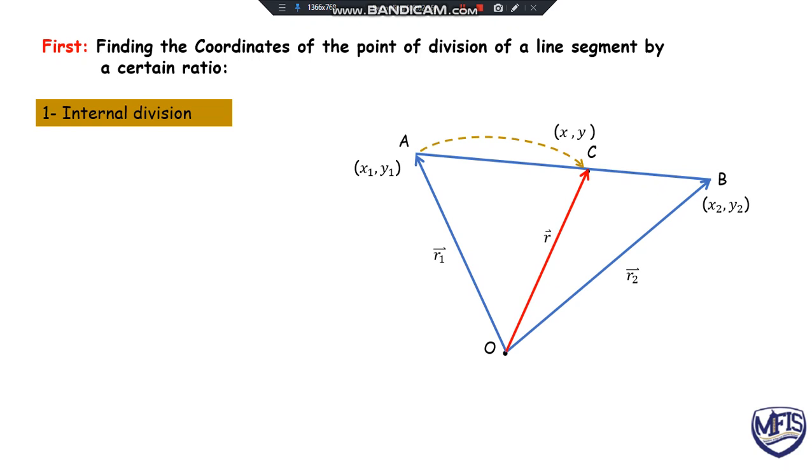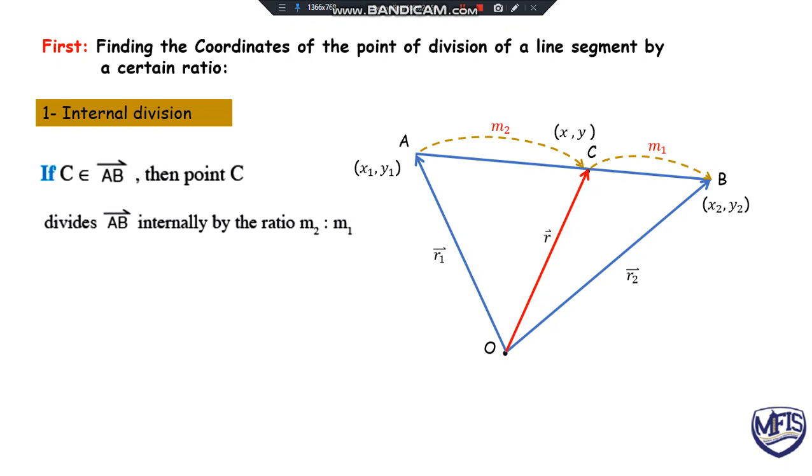So we have the ratio between the start point to the point of division, which is called M2, and from the point of division to the end point, which is called M1. So if C belongs to the AB directed line segment, then the point C divides AB internally by the ratio M2 to M1, where M2 over M1 is bigger than 0.